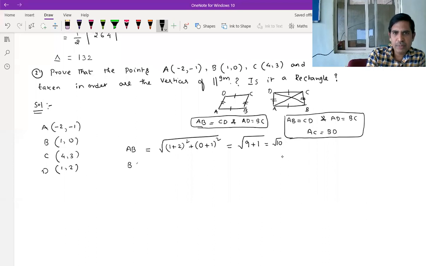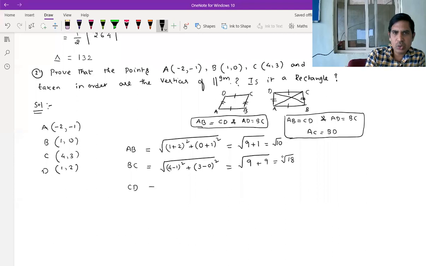Next, BC distance. Applying the distance formula: (4 minus 1) whole square plus (3 minus 0) whole square. (4 minus 1) whole square is 9, and (3 minus 0) whole square is also 9. Therefore we get root 18.